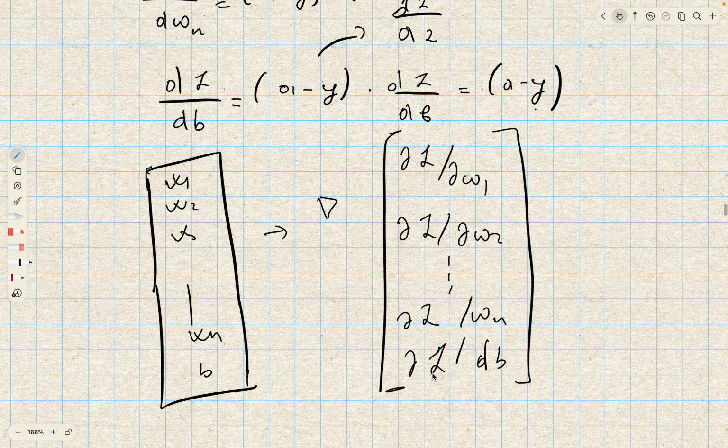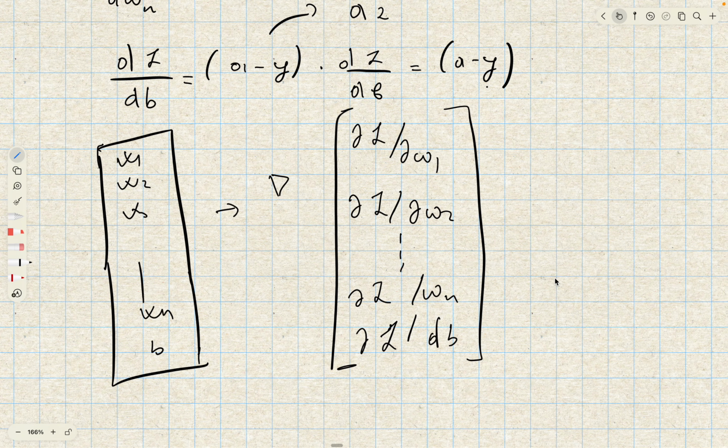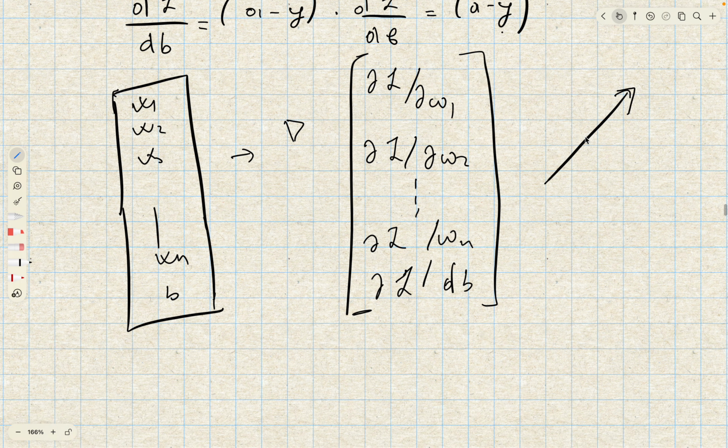Once we find this, this vector is the direction that we should choose in our input space, and we have to move in this direction to account for the most drastic change in the loss function. When we are interested in the minima of the function, we have to take the negative gradient.